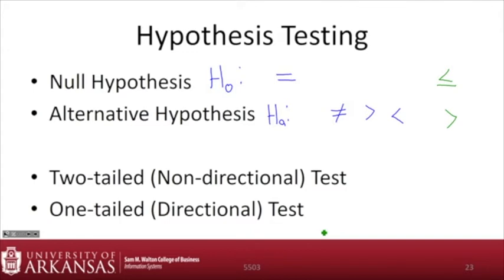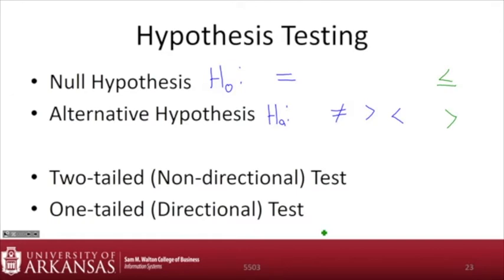So moving on, we're talking about our types of hypothesis testing. What's the difference between a one-tailed test and a two-tailed test? The two-tailed to the non-equal and one-tailed to the greater than less. There you go, right? That's a good way to say it.